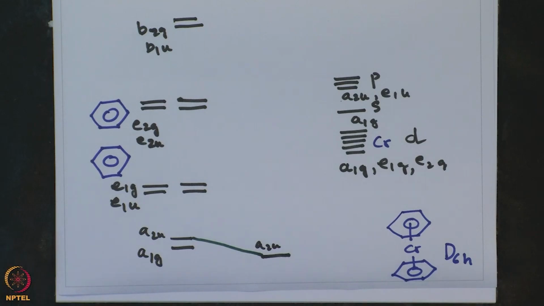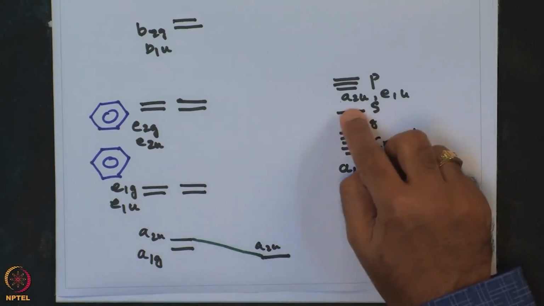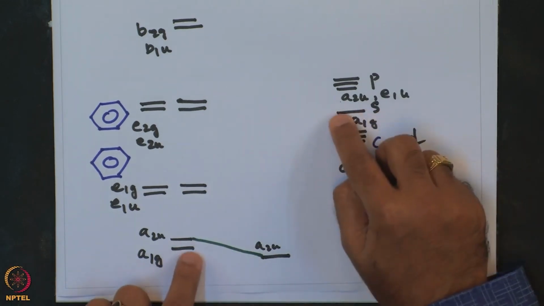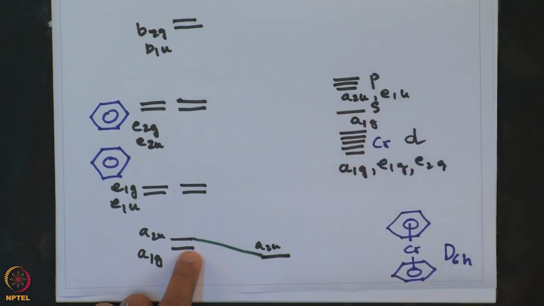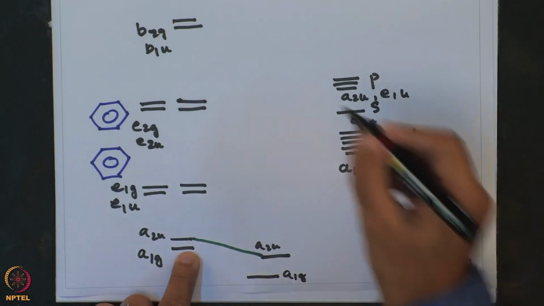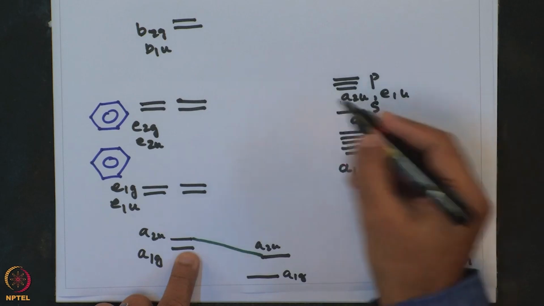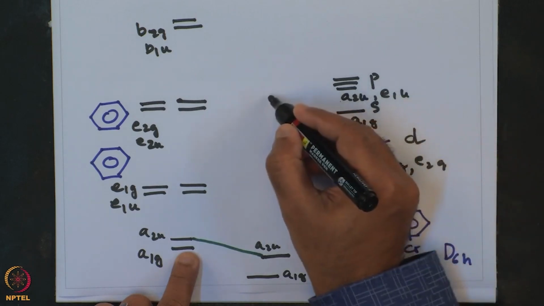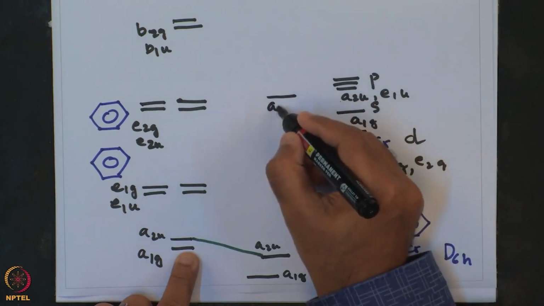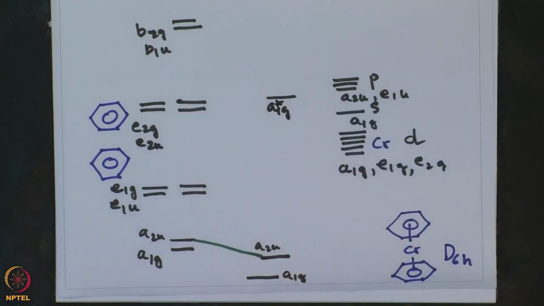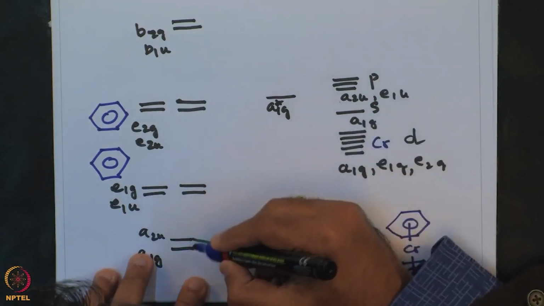Now A1g interacts with A1g of the metal, which is the s orbital of the metal, giving a bonding A1g orbital. And over here A1g star orbitals. So the correlation diagram is somewhat over here.